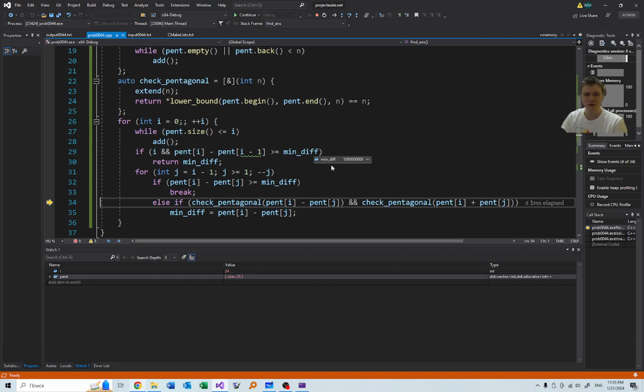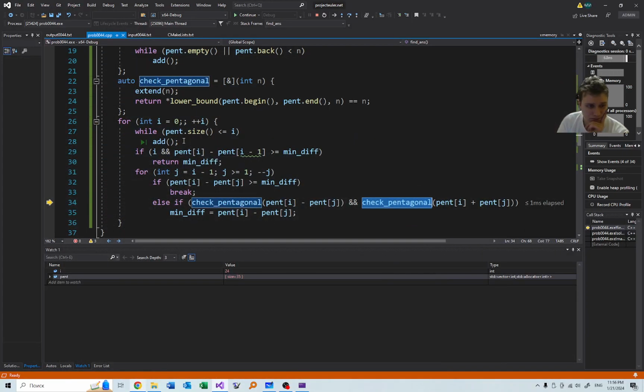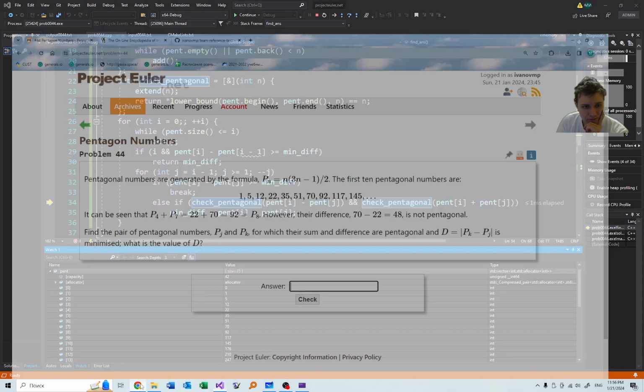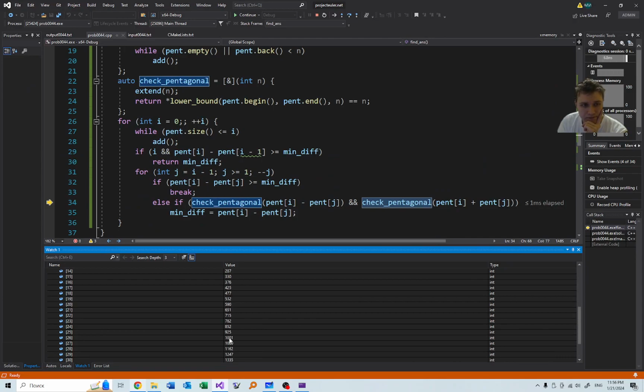This means that actually we have a problem, because these numbers are never both pentagonal.